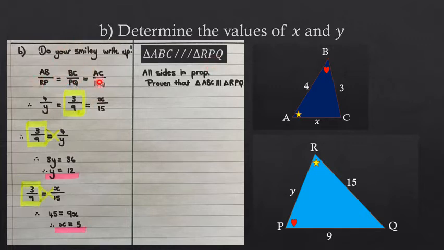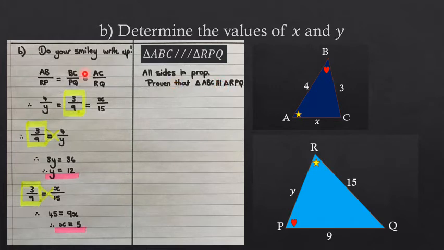Why can I say that they're all equal to each other? Because of all sides in proportion. I have proven that triangle ABC is similar to triangle RPQ. In A already, I've proven it. So my reason there, I have to do the smiley face write-up, and then I have to write there all sides in proportion. I've proven that those two triangles are similar.